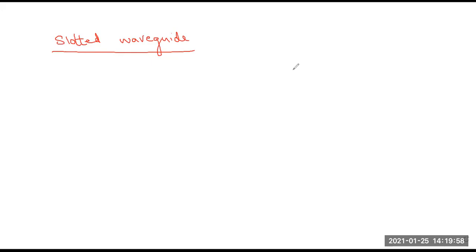Okay, so if I want to show you a normal waveguide, let's say with a rectangular cross section. So this is how a rectangular waveguide looks like. It is closed from four sides.